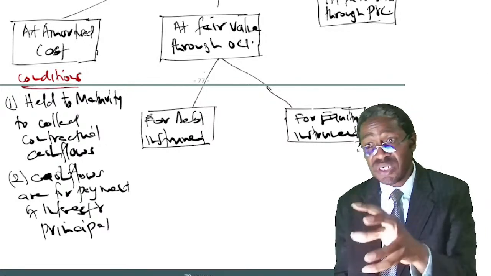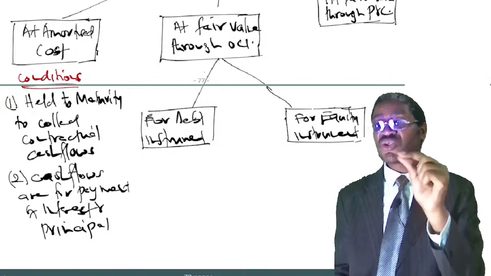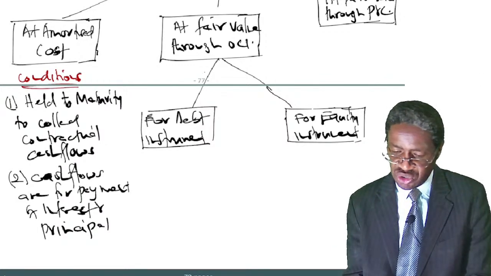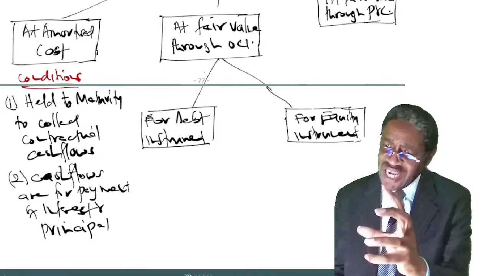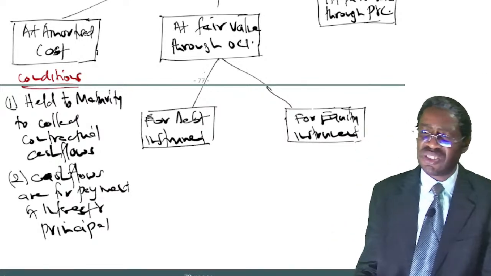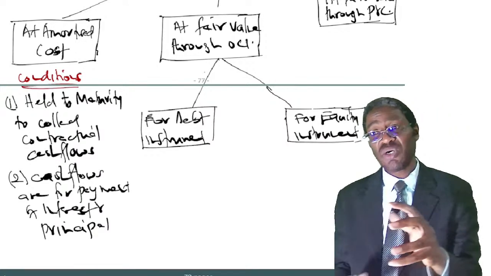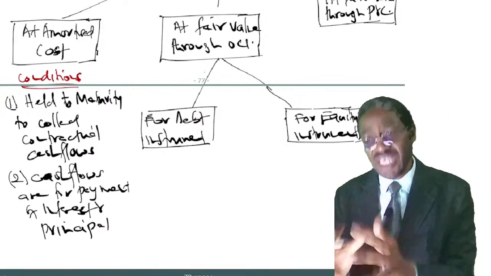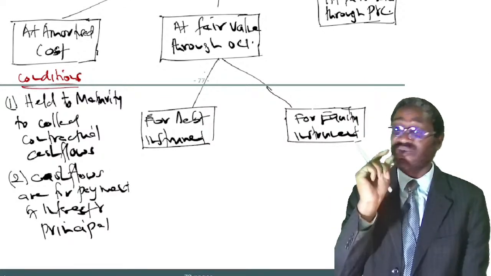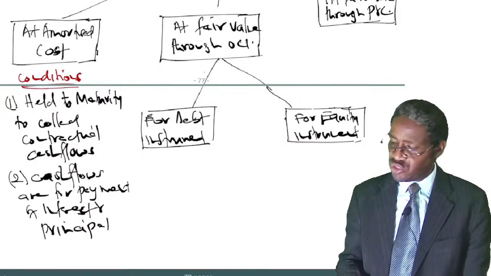Like the bond, the debentures, those are debt instruments. We call them debt instruments. There are financial assets you may have which are of equity. That means they are of shares in nature. We call them equity instruments. Good. So for this class, at fair value through OCI, we have those two subclasses.